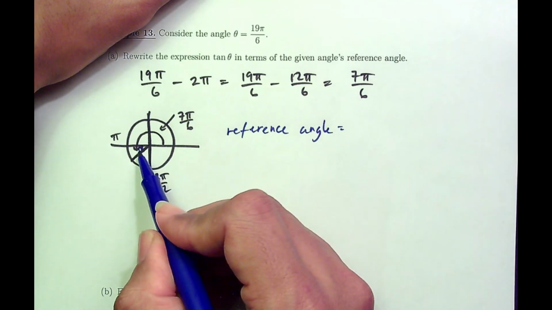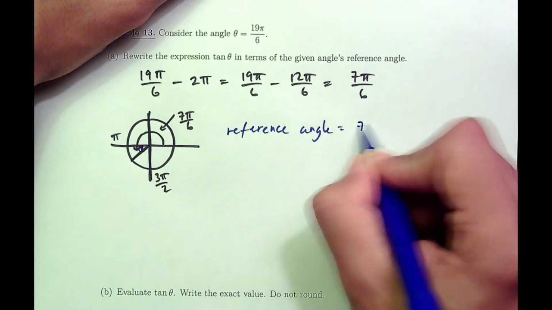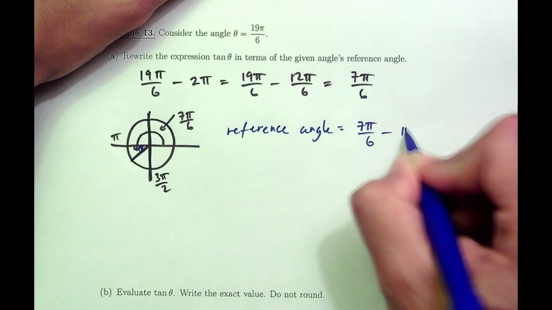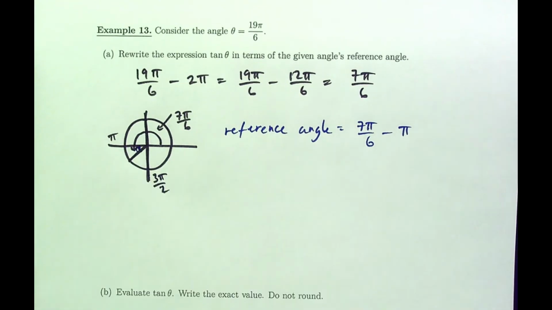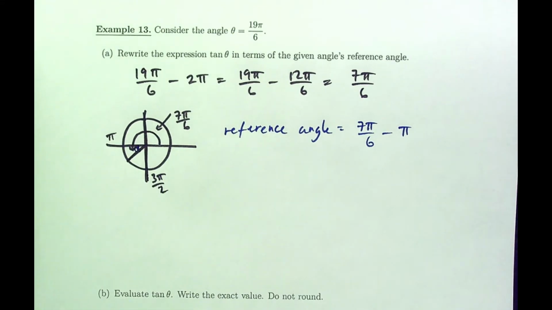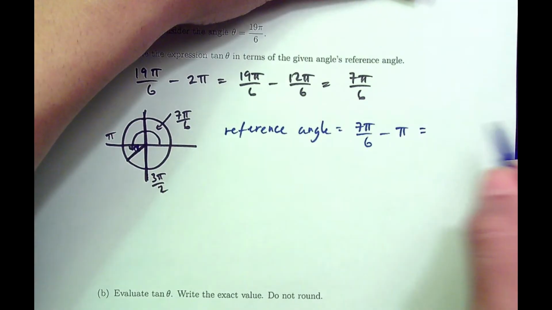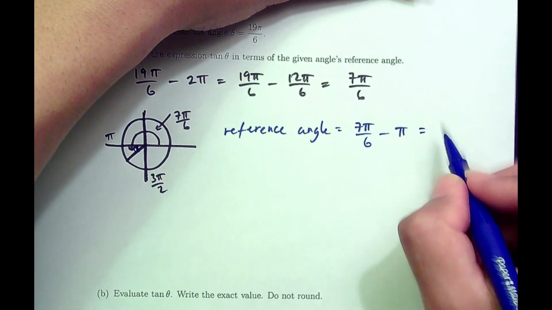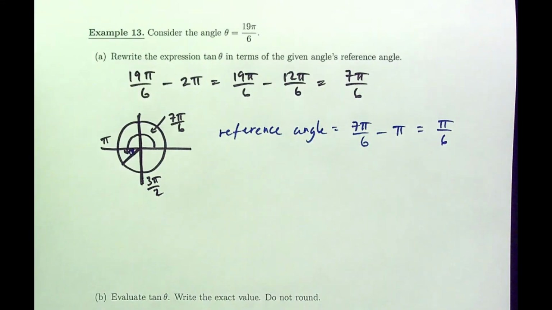Well, that little piece is 7 pi over 6 minus pi. Because it's bigger than pi, you went over it by a little bit. By how much? Well, it's the difference. And subtracting pi is the same as subtracting 6 pi over 6. So this is just pi over 6. Okay, so that's the reference angle.